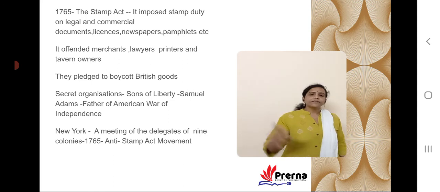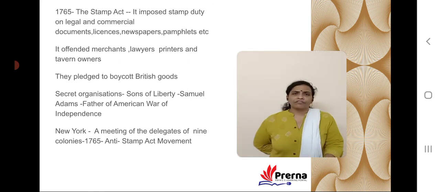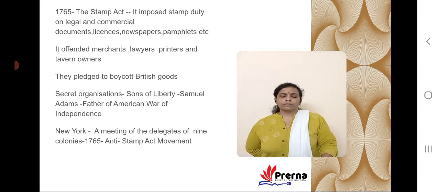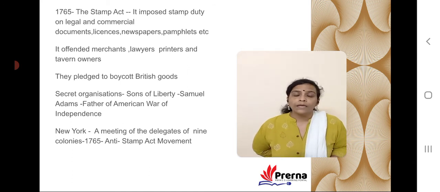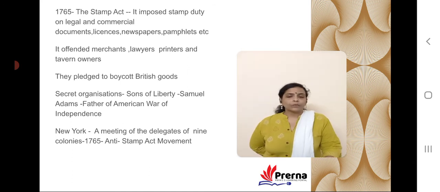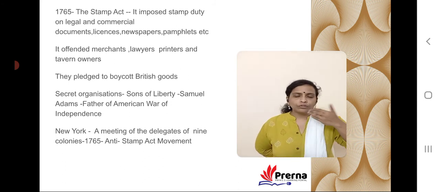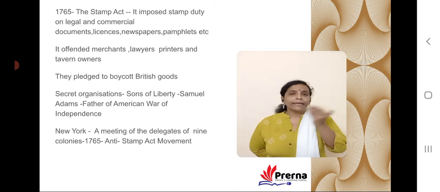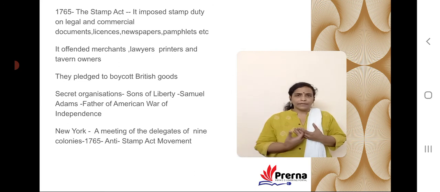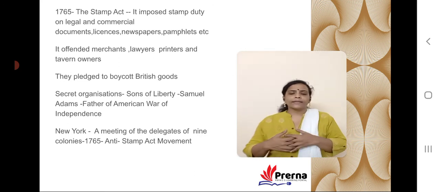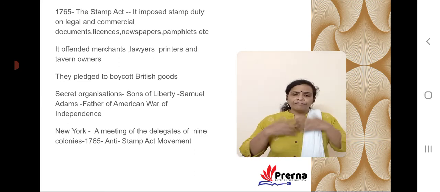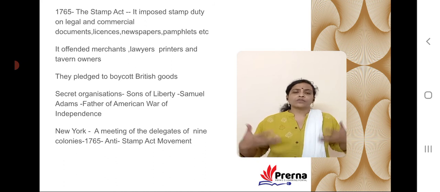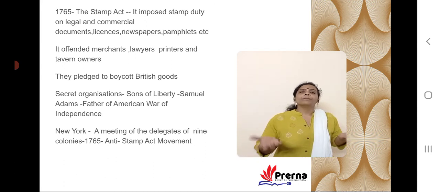Okay, now after the Sugar Act, yet another very exploitative act was in 1765, that was the Stamp Act. Now what is the Stamp Act? If you wanted to sell your property, or when you're buying a property, you know like how stamp papers are used, for every purchase or sale of land they had to pay a tax.